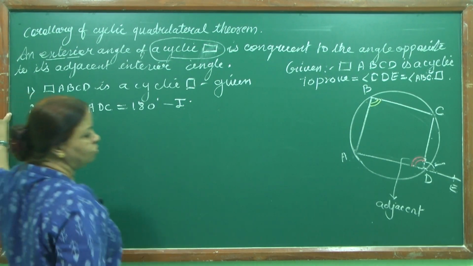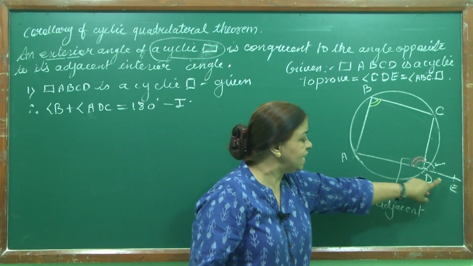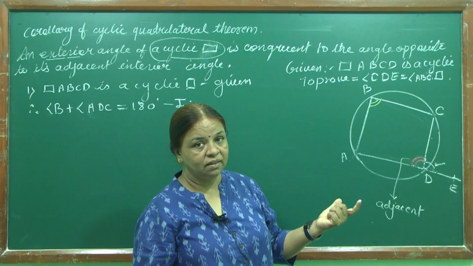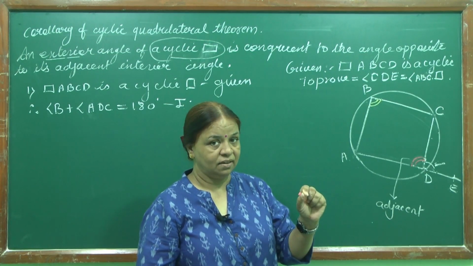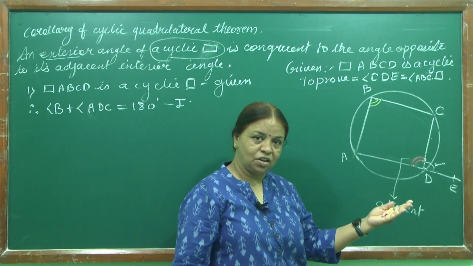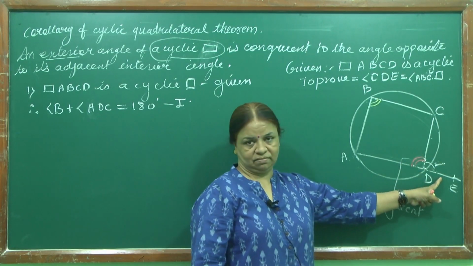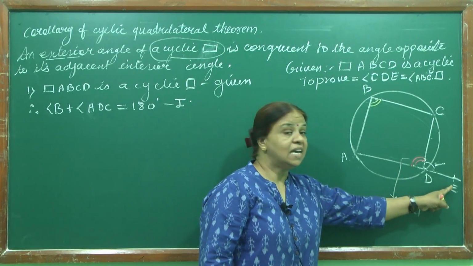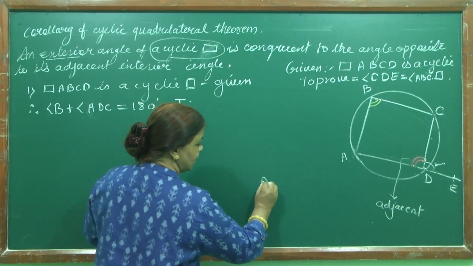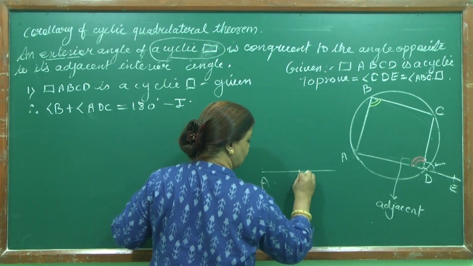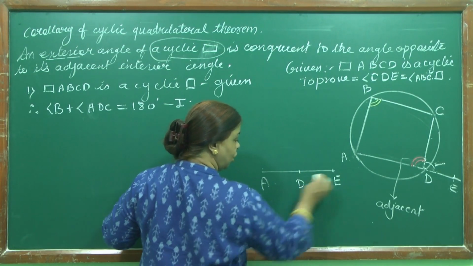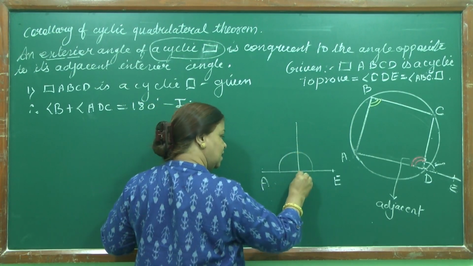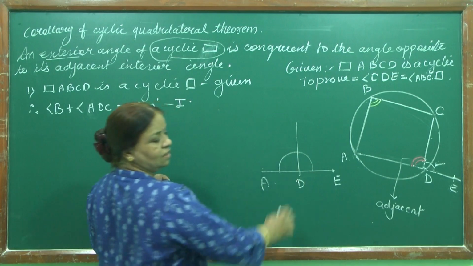Now you look for angle CDE and angle CDA. What angles are they? Yes, in 9th standard you have learned, in 8th standard you have learned, they are a linear pair. They are on one line. Points A, D, E are collinear and the angles are on one line, and therefore these two angles are a linear pair.